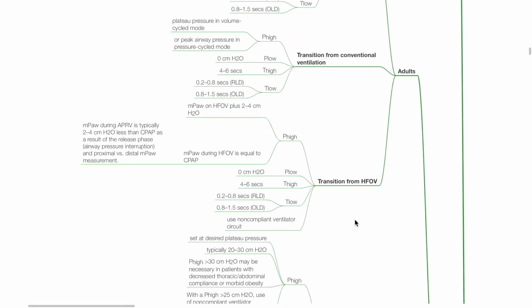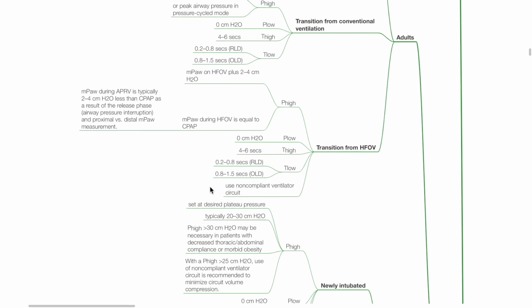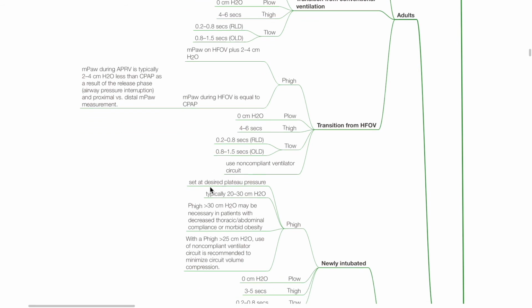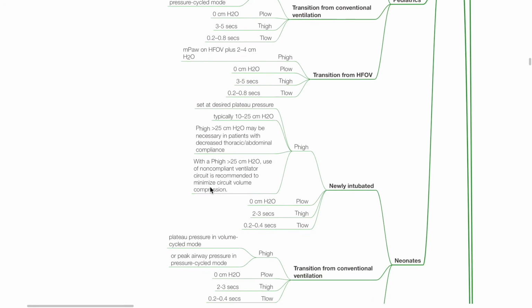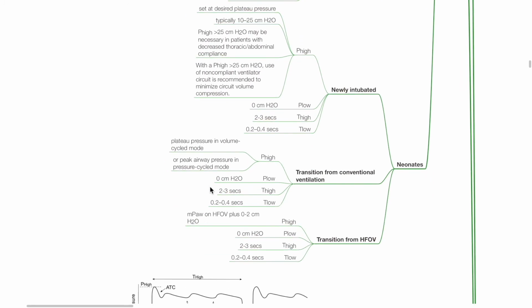If the adult is transitioned from HFOV, P-high is set at the mean airway pressure on HFOV plus 2 to 4 cm H2O, P-low is set at 0 cm H2O, T-high is set at 4 to 6 seconds, T-low is set at 0.2 to 0.8 seconds for restrictive lung disease and 0.8 to 1.5 seconds for obstructive lung disease. Use a non-compliant ventilator circuit. The setup for pediatric patients and neonates are included here for completion.